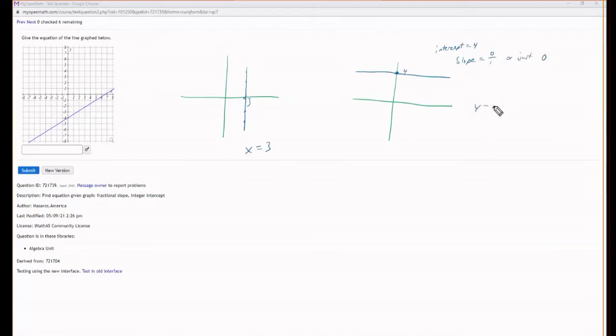So when I write y equals mx plus b, I would get y equals 0x plus 4. Well, 0 times anything is just 0, so that'll just look like y equals 4. So you can follow the same process we did for the first example, or you can remember that vertical lines are x equals and horizontal lines are y equals. That's okay too. But for a horizontal line, it fits the same process that we did before.